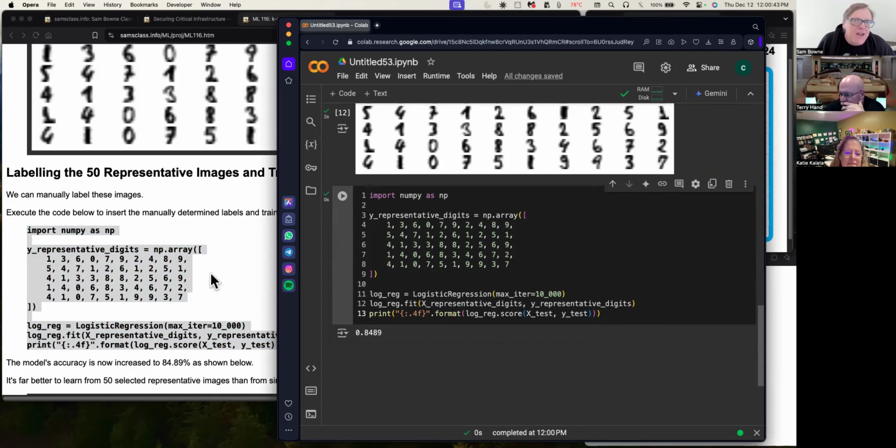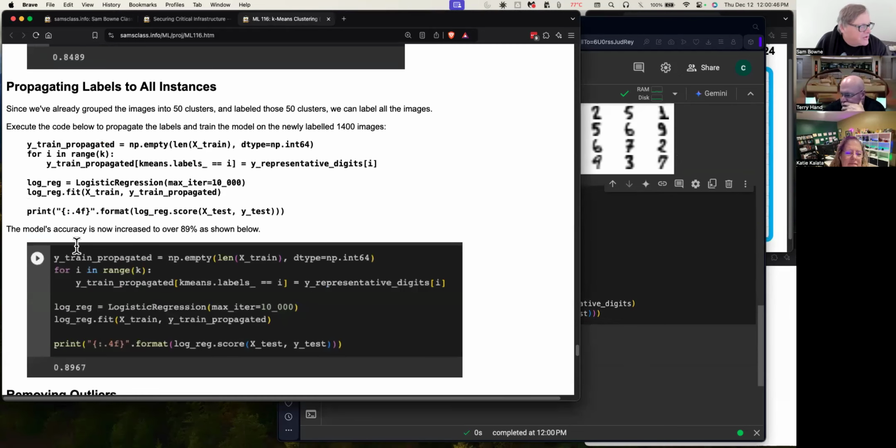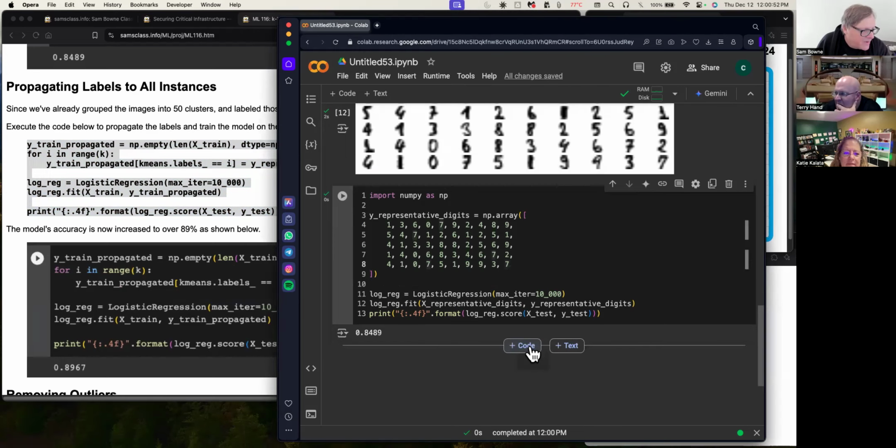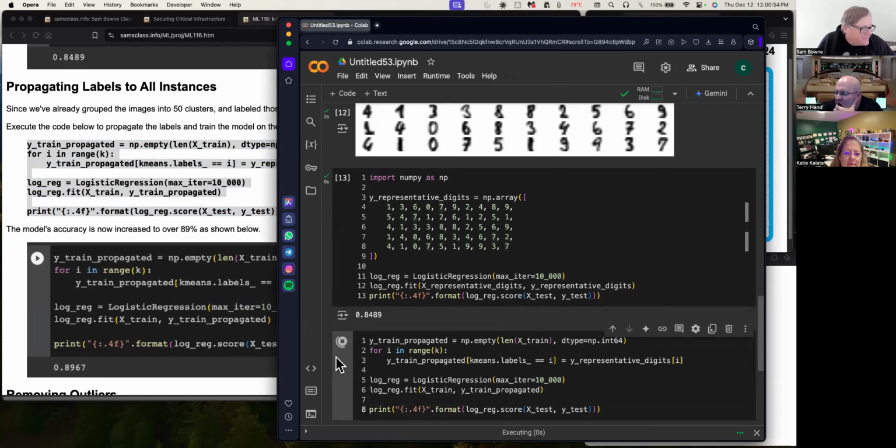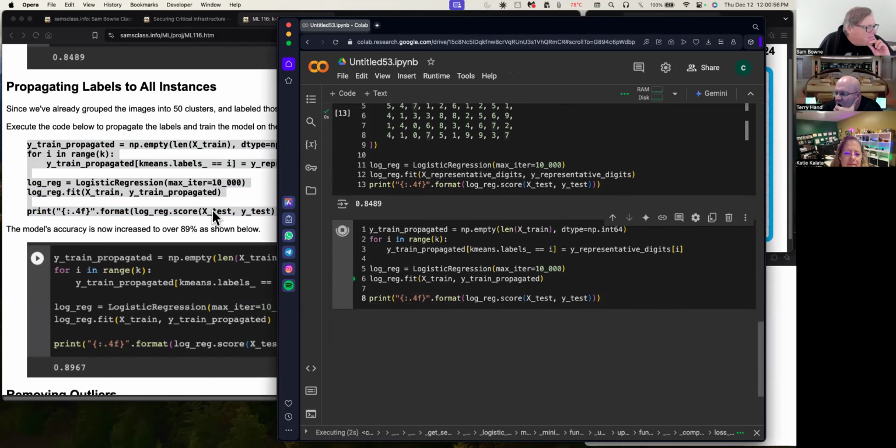So I'm going to synthetically propagate the labels to all the instances based on those archetypical fits. And after I've done that, the accuracy goes up to 89% from 85%. So that's good, but I can do even better.